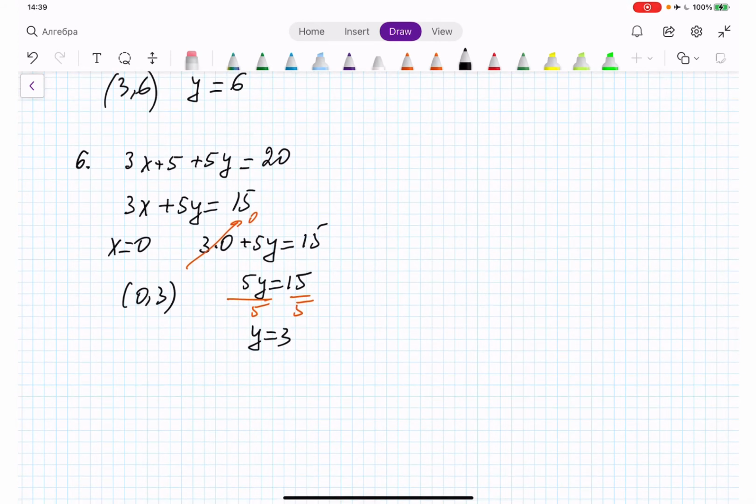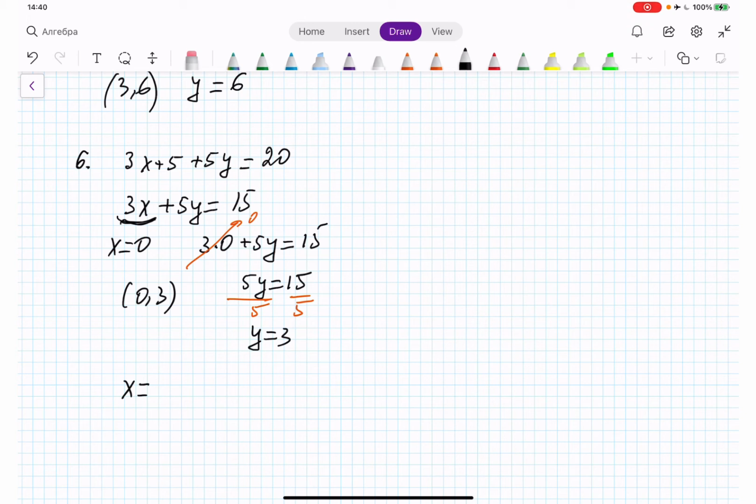Next one, x is equal, let me see how much I want to take. I'm going to take x, the number that I won't end up with a fraction. Once I flip 15 minus this number, I have to get a number I can divide by 5.